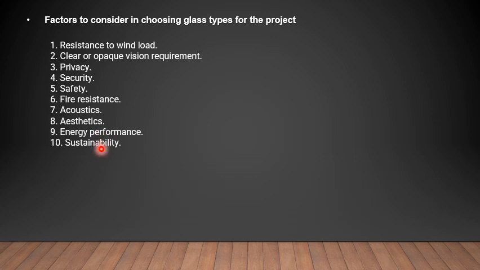Sometimes we incorporate green architecture, incorporating the possibilities that we can generate clean energy from the glass. Right now we are using solar panels for vertical buildings, and many things have been discovered in recent years. So we will discuss this separately.